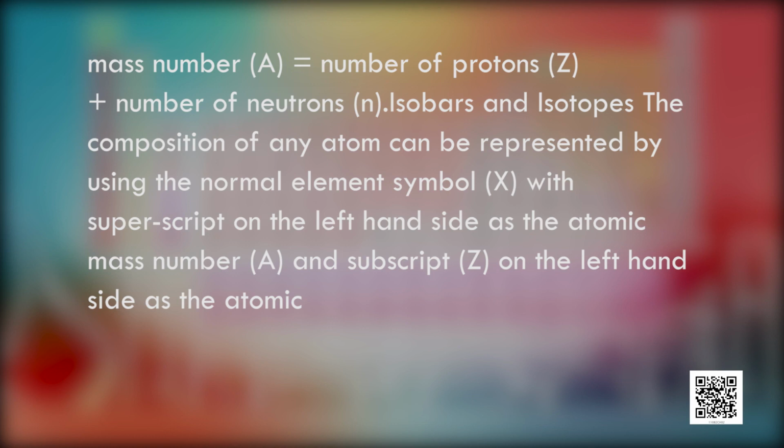The composition of any atom can be represented by using the normal element symbol X with a superscript on the left hand side as the atomic mass number A and subscript Z on the left hand side as the atomic number. So, A X Z becomes the basis of representation of an element.